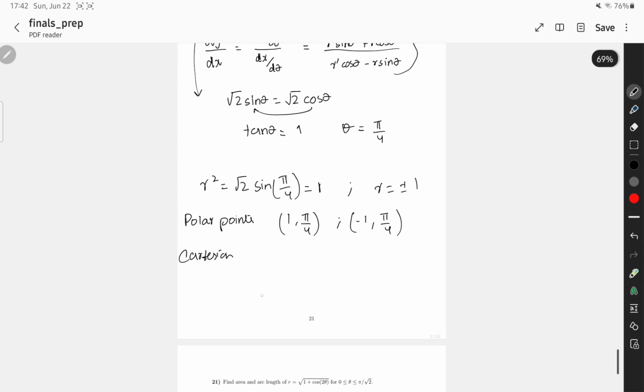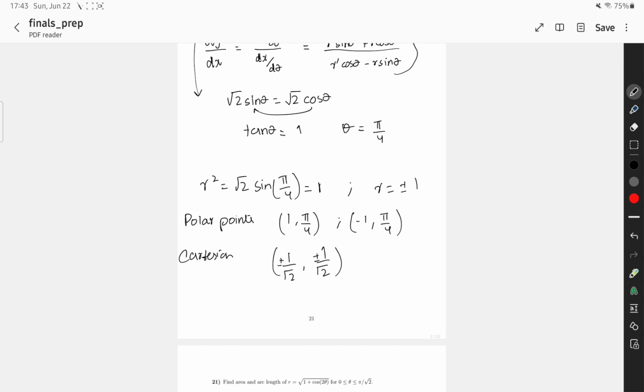So we'll have 1 over root 2, 1 over root 2, and the other point would give you minus signs, so you can write plus or minus. When you have plus 1 by root 2 on the x-axis, you have plus 1 by root 2 on the y-axis. These are the two points in Cartesian coordinates.